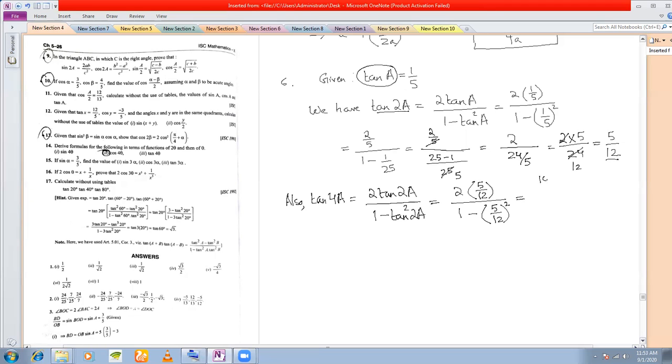So this is 10 by 12 divided by 1 minus 25 by 144.